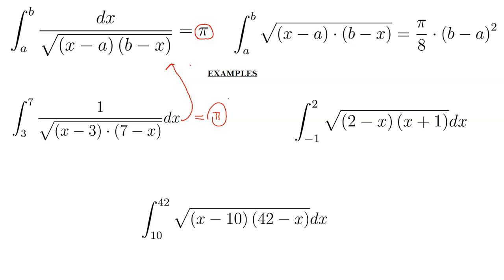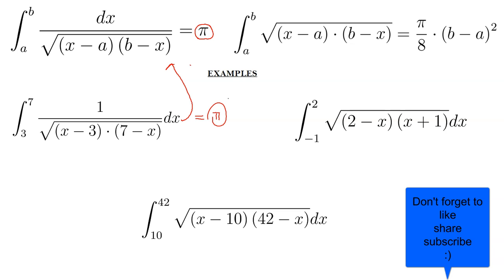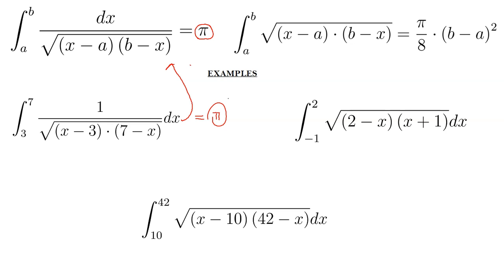In this problem, we have the definite integral from -1 to 2 of the square root of (2 minus x) times (x plus 1) dx. So there's a problem. Normally, this sign has to be negative so that this entire integral could fit into this form. But we can do something algebraic.